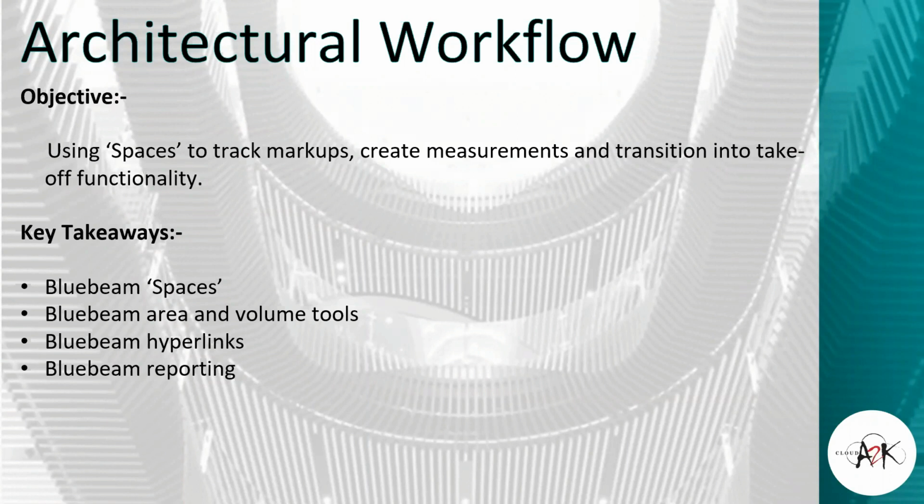The key takeaways you want to think about is how you can leverage the Spaces tool, obviously, and use it to help you create area and volume measurements very quickly, hyperlink them throughout the PDF, align markups to the spaces, and again, even do a little bit of reporting. So that's what we'll get into in just a second.